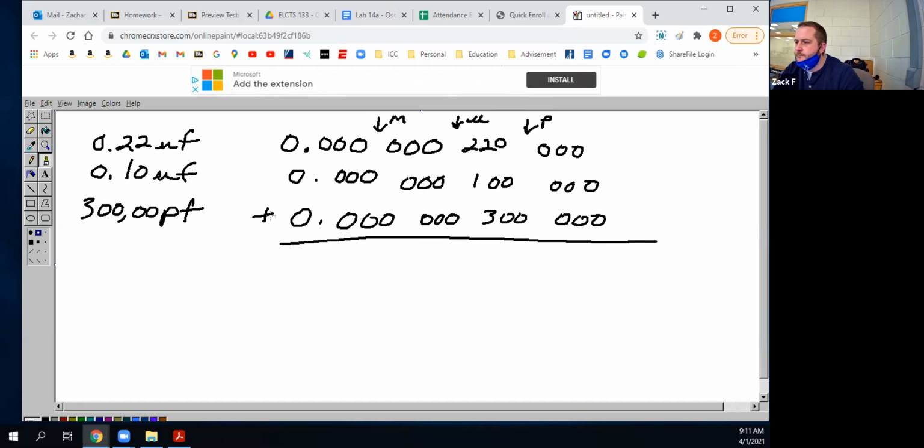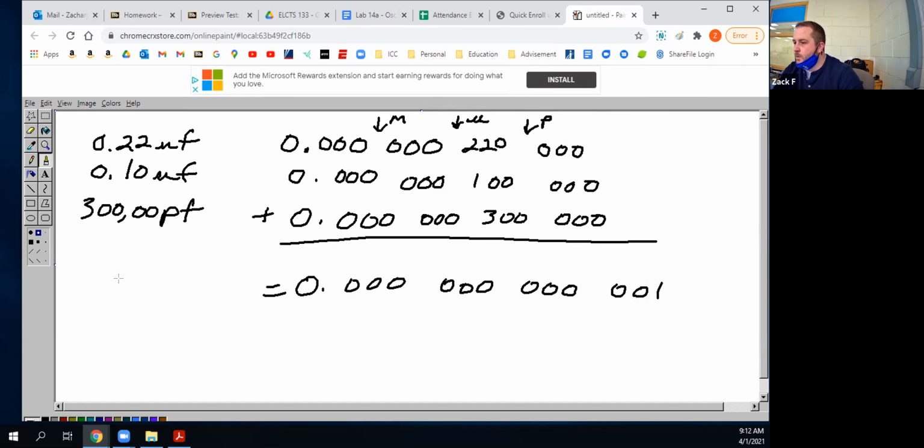Once you get to the number, to read the number, you have to count backwards, right? Yeah. So a number that looks like this, 0.000000000001 equals 1 picofarad, right?